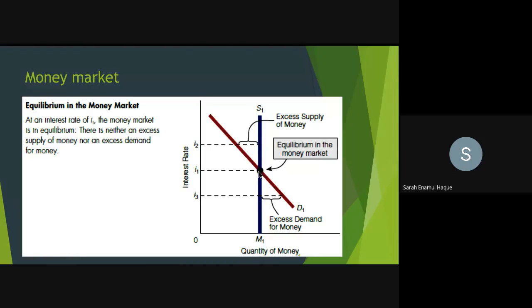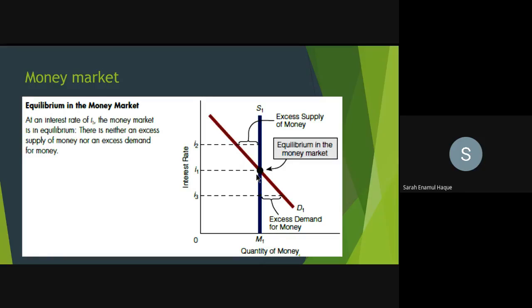You're all familiar with this. And you see this interest rate is the equilibrium interest rate, and this amount is the equilibrium quantity, but this is also the money that is being determined by the central bank. This is the exact amount that the central bank has decided to supply.